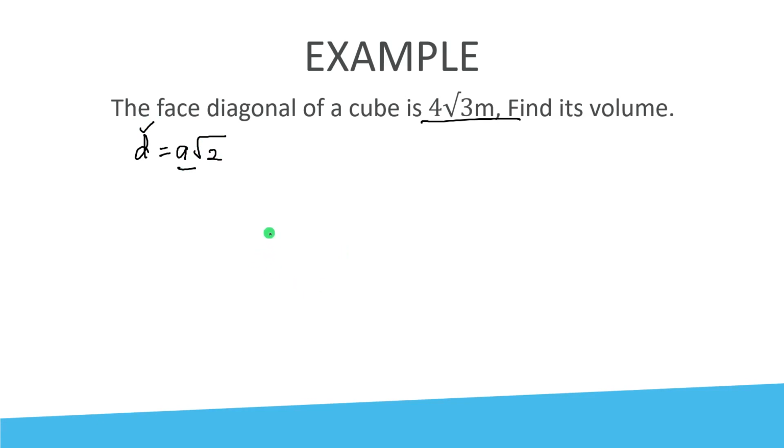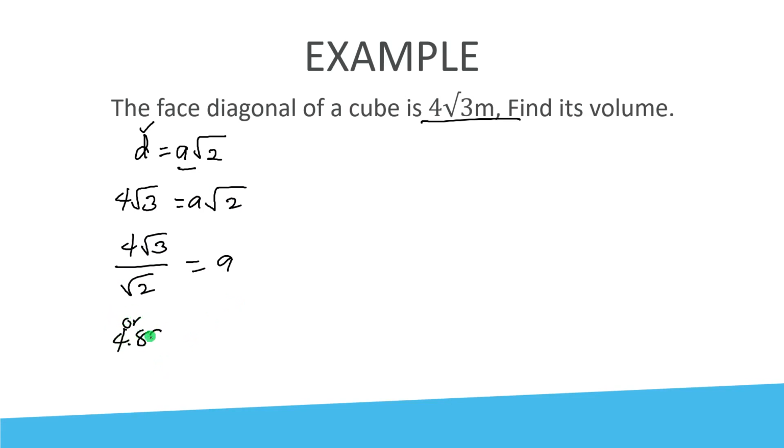So substitute D as 4 the square root of 3. Then we have A the square root of 2. Divide both sides by the square root of 2 so that we'll be able to determine A. So we have an answer of 4 the square root of 3 over the square root of 2. We take the decimal form of that, which is equivalent to 4.899 meters for the length of side.